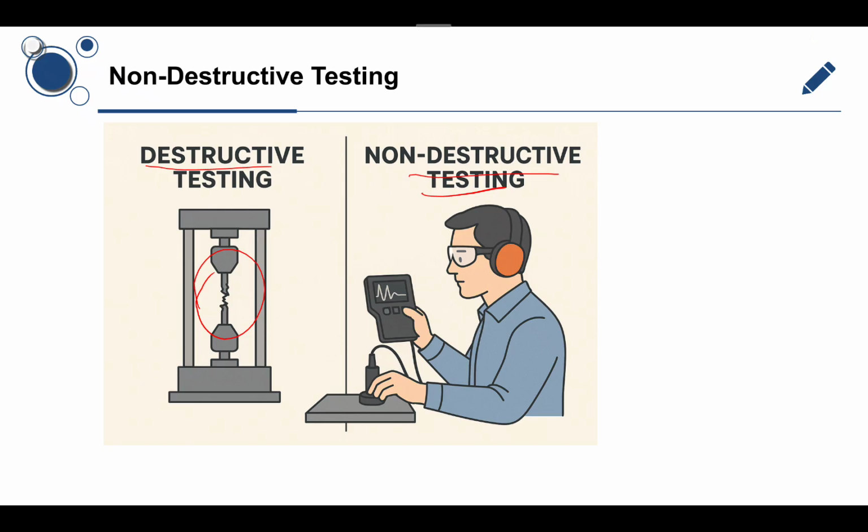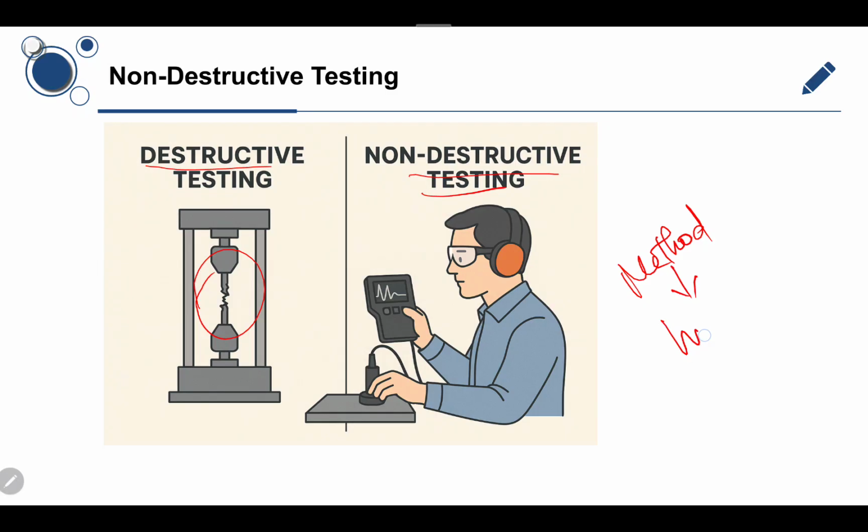All NDT professionals must know the difference between methods and techniques. First, a method is a broad category of non-destructive testing that describes the principle or type of inspection being performed.